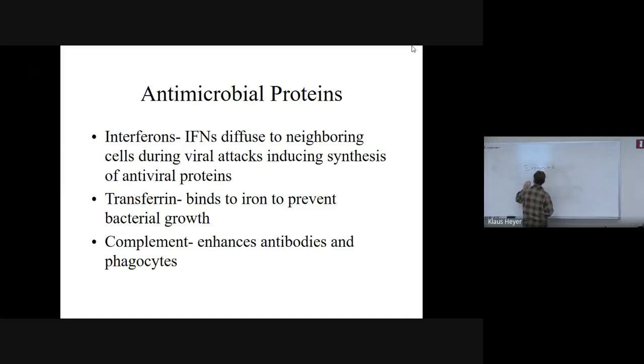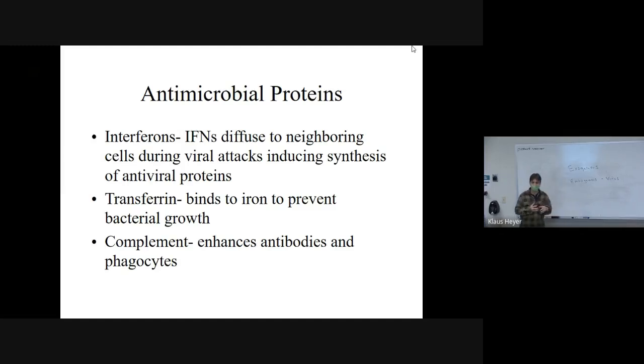You have exogenous and endogenous. And under endogenous, I'm putting viruses. And that just means, do you attack the cell from the outside, or do you attack the cells from the inside? So viruses work a little bit different in that they attack cells from the inside.